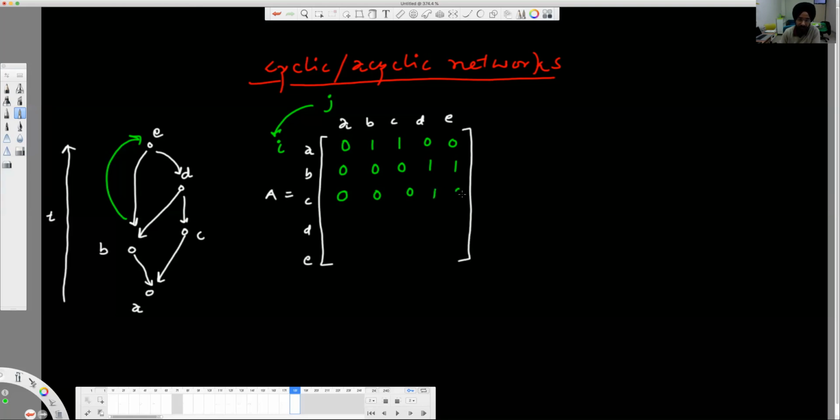No. Does A cite D? Never. Does B cite D? Never. Does C cite D? Never. Does D cite D? Never. Does E cite D? Yes. Okay. Does A cite E? No. No. No. No. No.